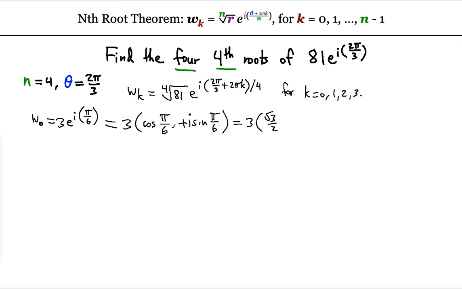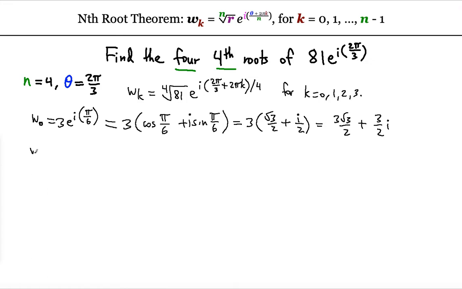This angle is in quadrant 1, where both sine and cosine are positive, so sine of pi over 6 is exactly 1/2. So the result, the first fourth root, is 3 radical 3 over 2, just distributing the 3, plus 3 over 2 i. So this is the first fourth root that we found.